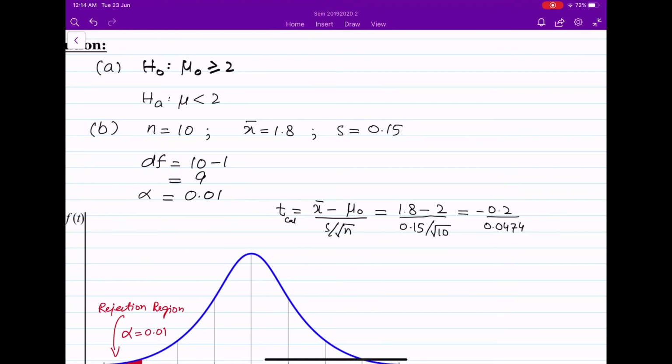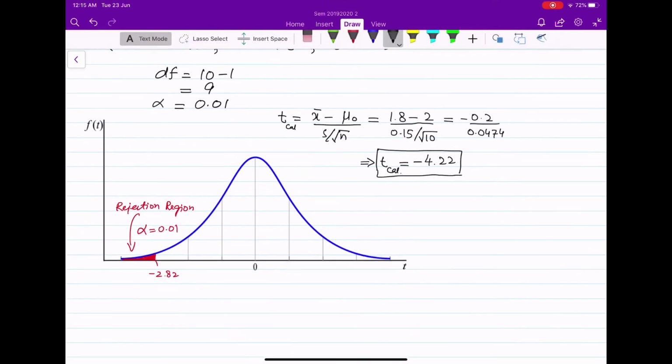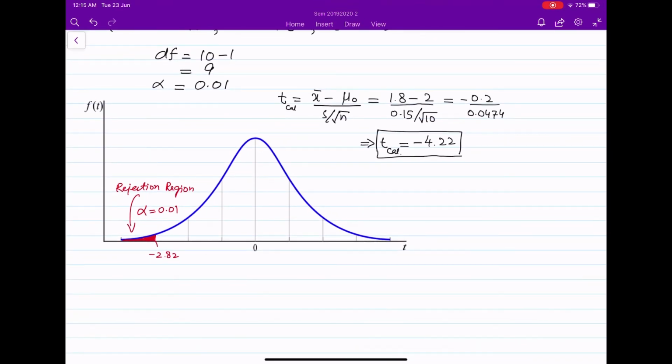By dividing these values, we get the calculated value of t to be minus 4.22. So minus 4.22 is smaller than our critical value, which was minus 2.82, meaning that it lies on the left-hand side of minus 2.82, which is the rejection region.